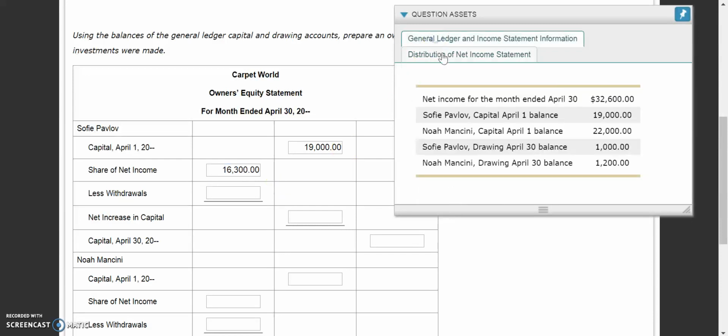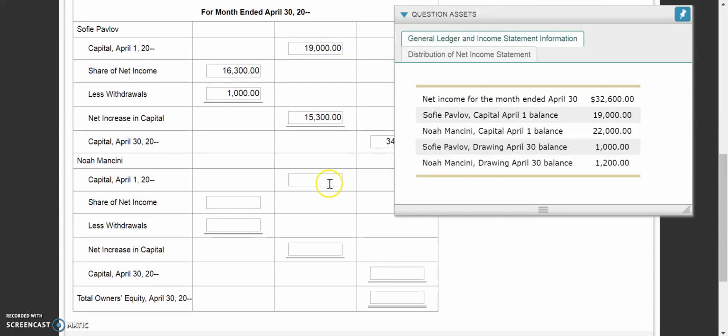And then we have to subtract out her withdrawals for April, which were $1,000. So her net increase in capital is 16,300 minus 1,000. So we have a net increase of 15,300. And so in order to find her capital at the end of April, we take 19,000 plus 15,300, and we end up with 34,300.